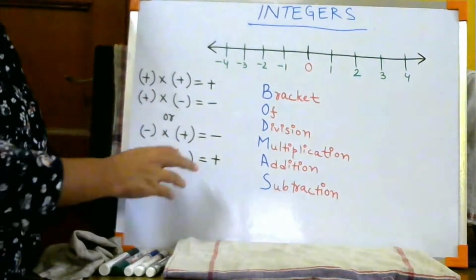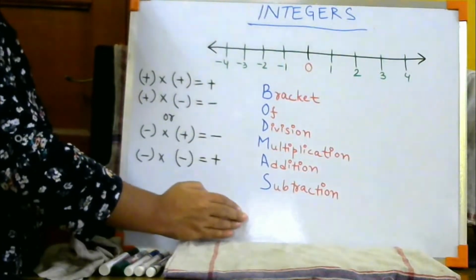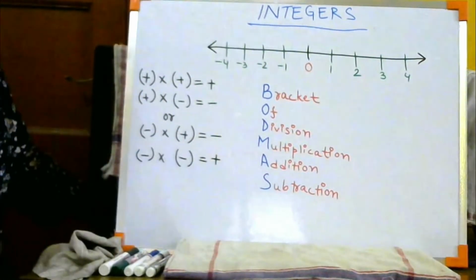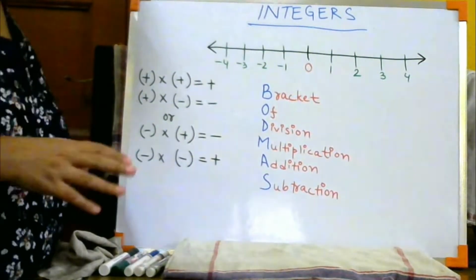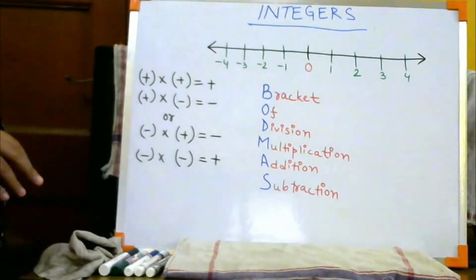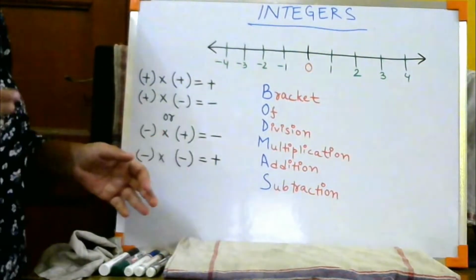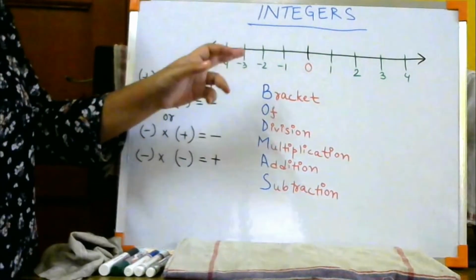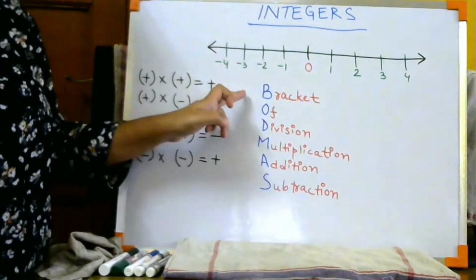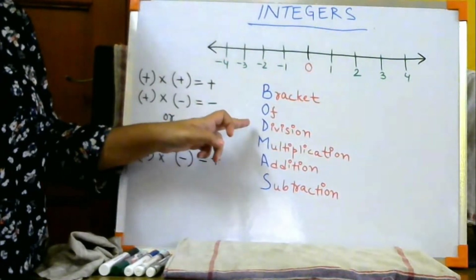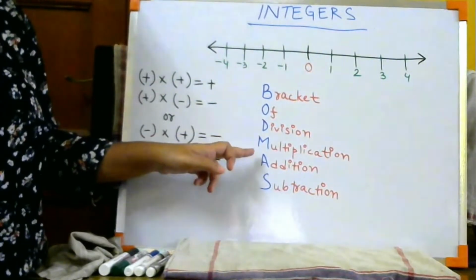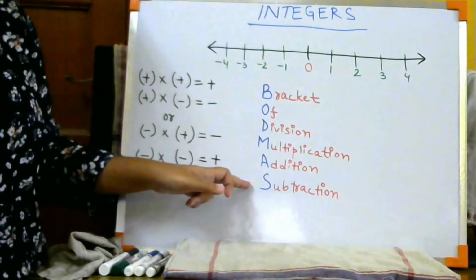Clear? Now, the last rule that you need to follow is BODMAS. You also know BODMAS. During fractions also we follow this rule, isn't it? So what does BODMAS stand for? Just a quick revision. B for bracket, O for of. Of means a form of multiplication. Then D for division, M for multiplication, A for addition, and S for subtraction.